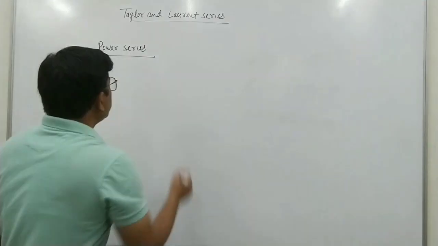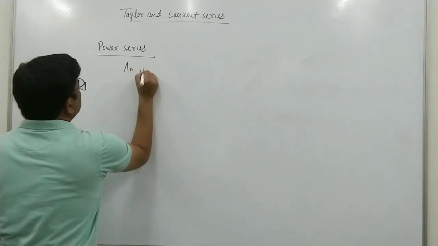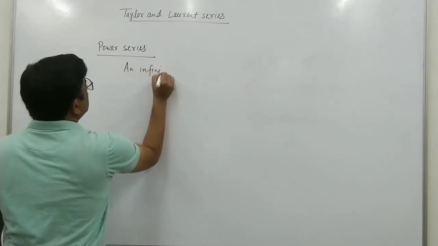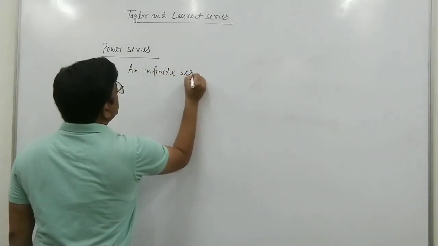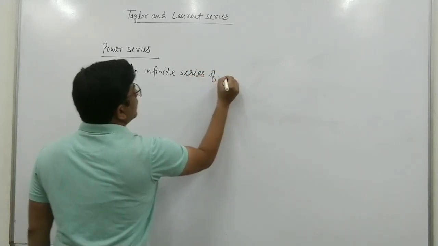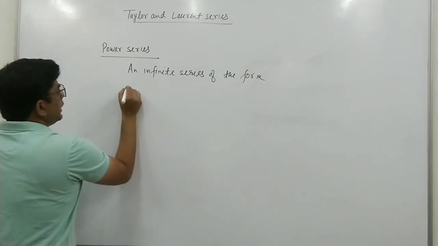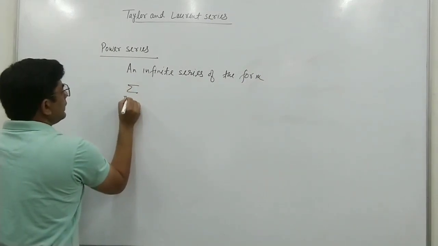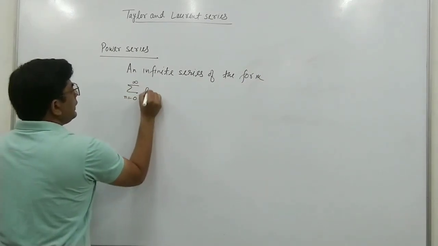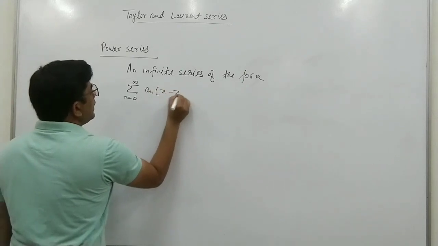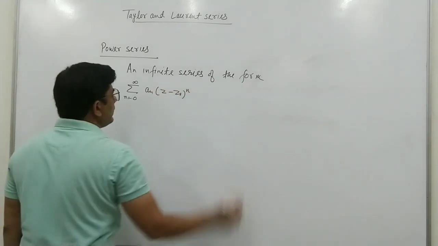So we will take an infinite series of this form. In short, we can write summation n equal to 0 to infinity a n times z minus z naught to the power n.